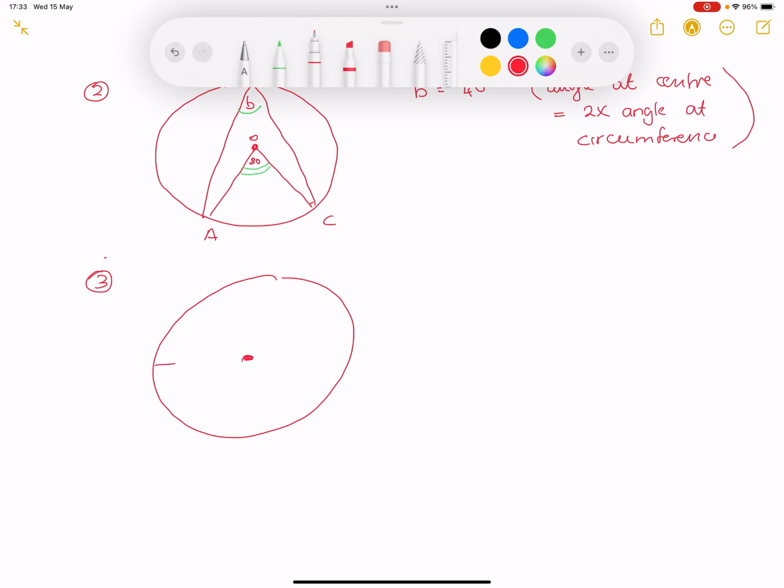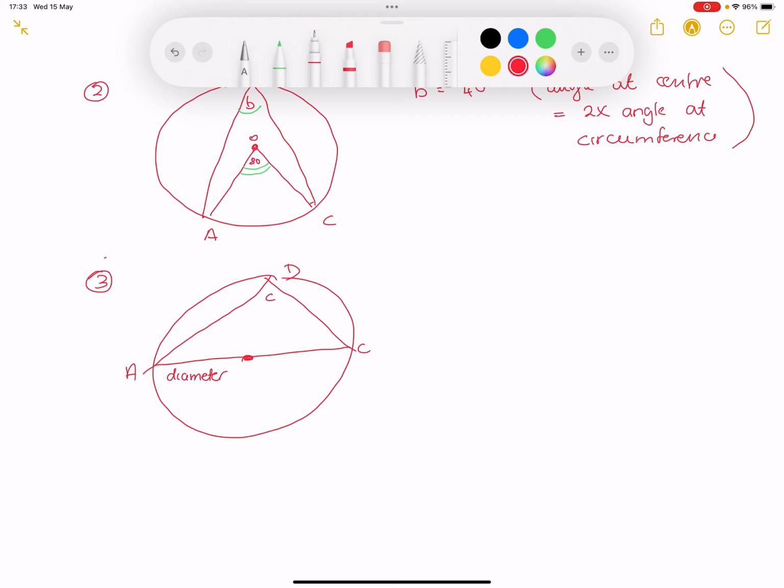I have the diameter, right? Yes, ma'am. And this is A, and this is C, and then you have C there. Angle on the diameter, angle in a semicircle is 90 degrees.